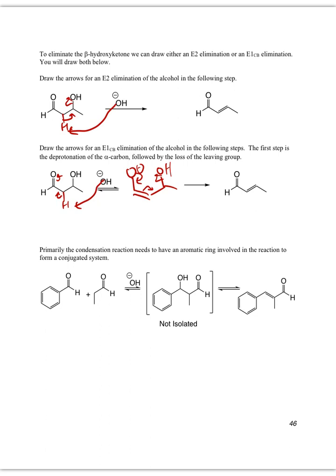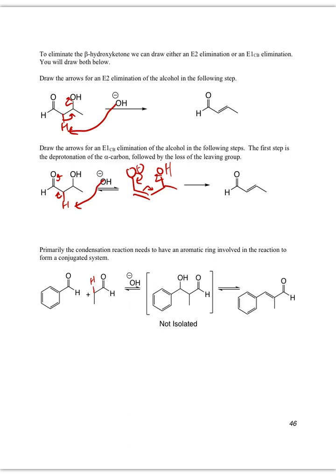Okay, now for this to happen though, we really need an aromatic ring on there. So we can use an aldehyde or a ketone that has an alpha carbon with an alpha hydrogen on it, and we can use something that does not have an alpha hydrogen on it. So this way only one of the compounds can attack the other.